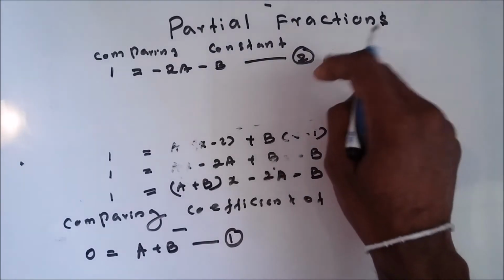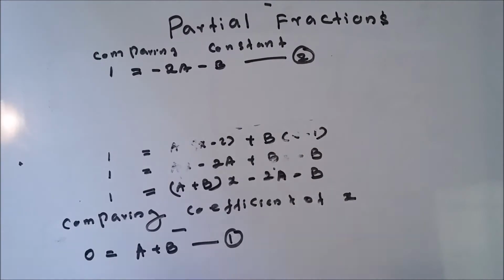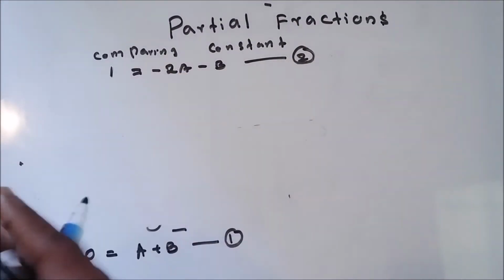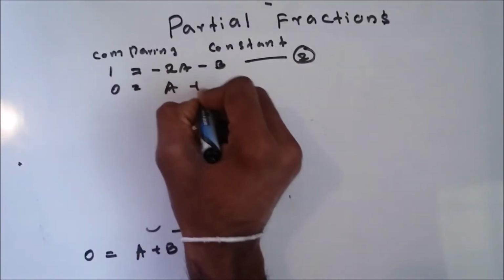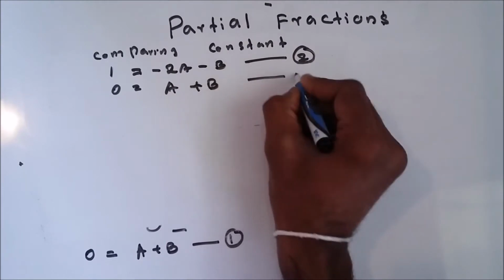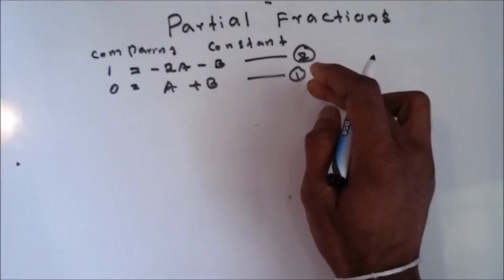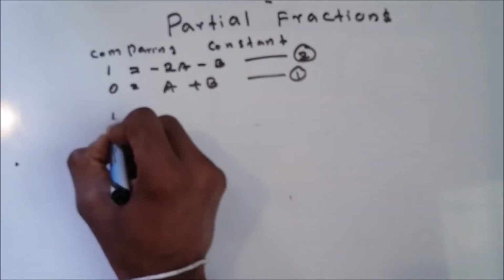This one and this one we can use to find A and B. I am taking this one here: 0 equals A plus B, this one 1. We can add the first one and the second one.